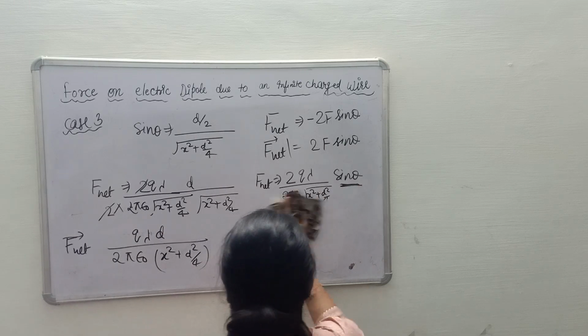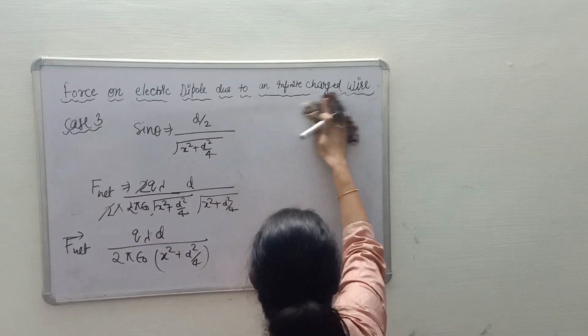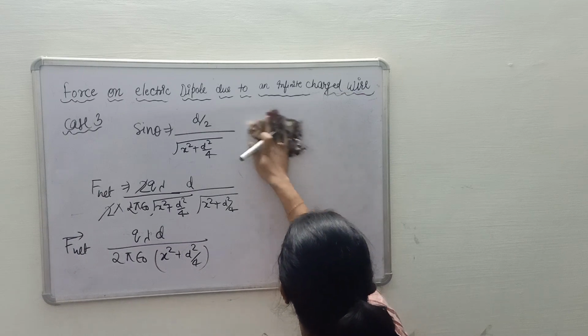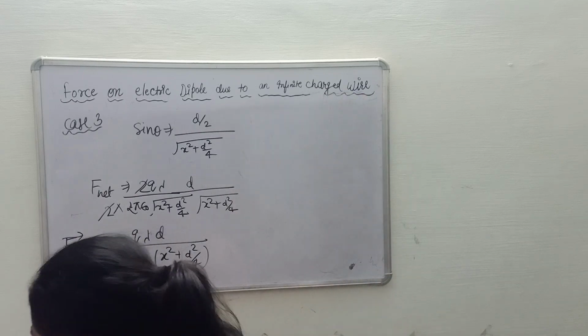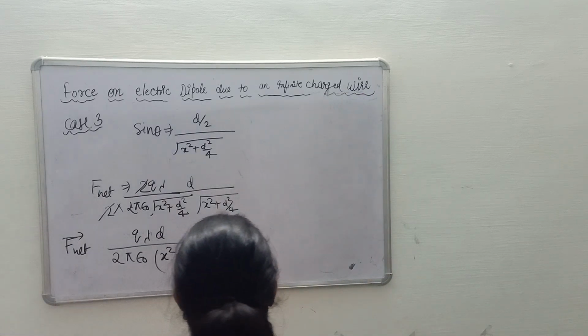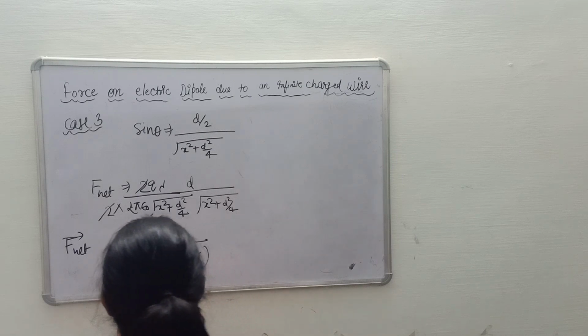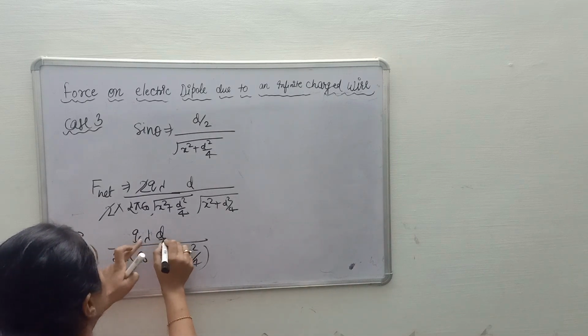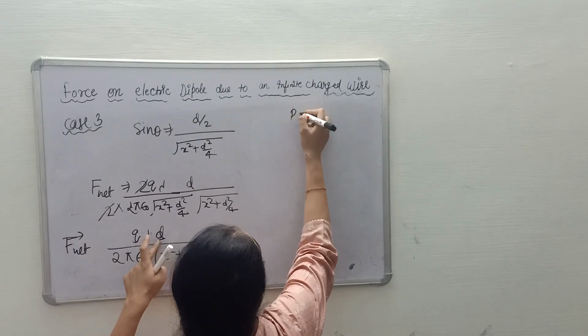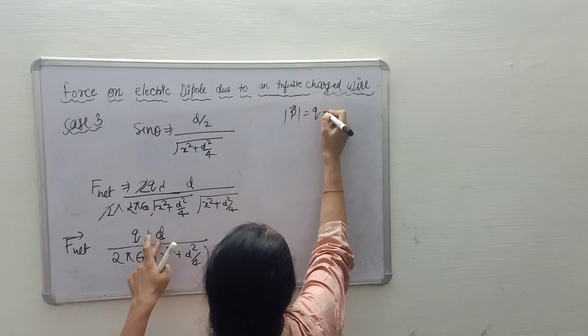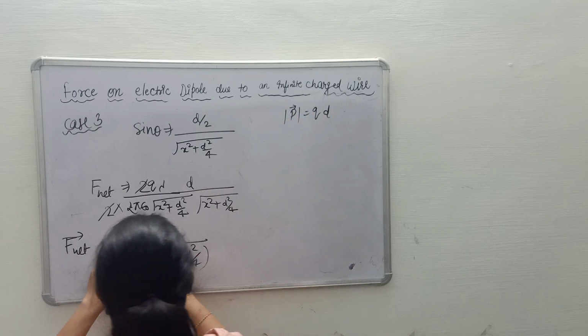Now again the approximation: the distance between the charges of the dipole is very small compared to the distance between the dipole and the wire. And the product of Q and d is the dipole moment, the strength of the dipole, so it is P, right?